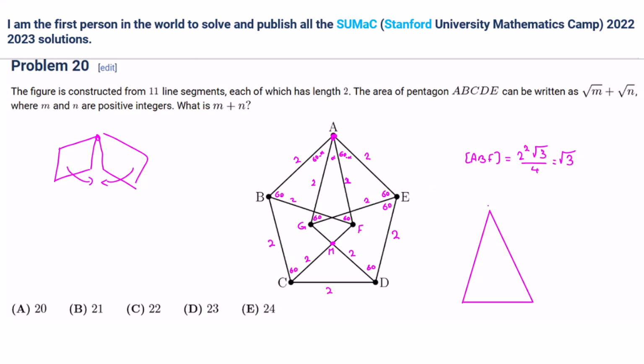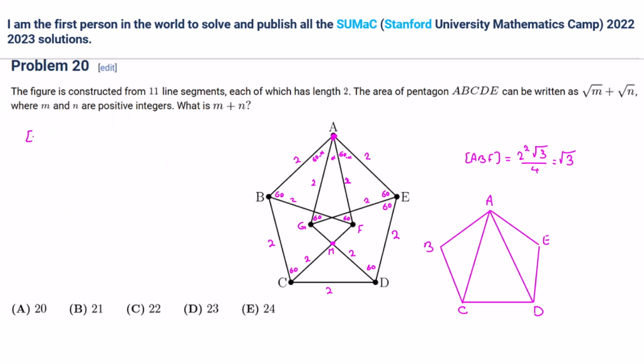Let's consider AC, and we can consider this one, this one, this one, this one. So I split it into 3 triangles like this. So let's calculate the area of ABC first. It's not hard at all. Try this area ABC.